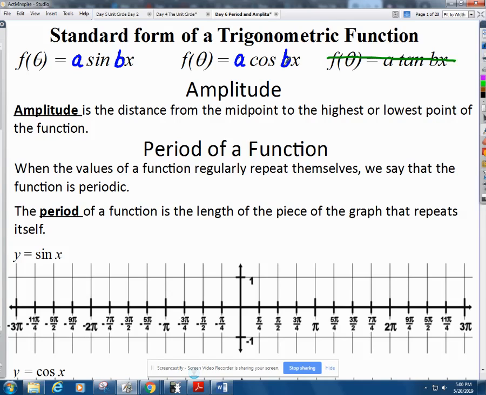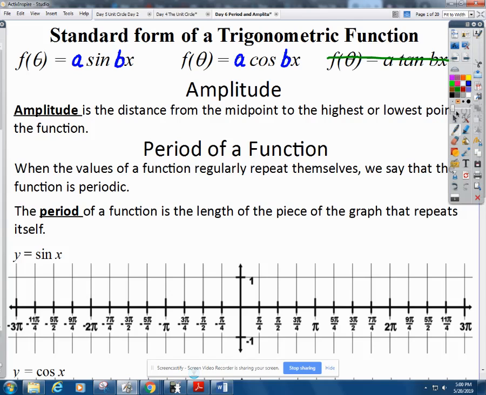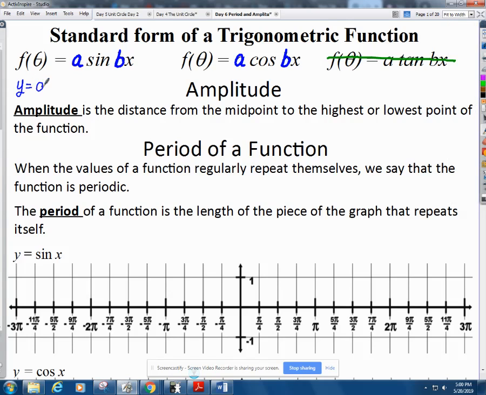Unfortunately, I'm also going to throw an h and a k in here at some point, which would really then look like this. And you can write this down here. Y equals a sine b of x minus h plus k. So we always subtract h from x in parentheses, and then we have our k outside.